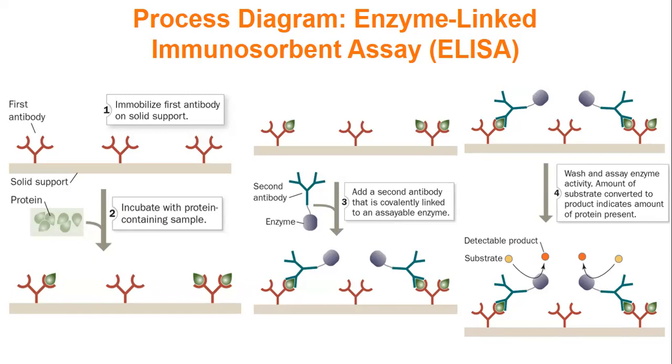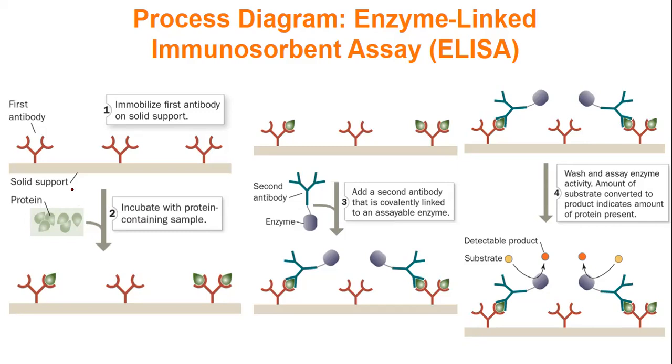So to determine that after column chromatography, the test tube you have actually has the protein that you want, there's different techniques you can do to 100% verify that you have purified your protein. One of these is called an ELISA.